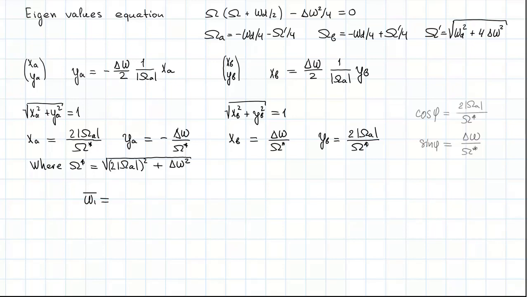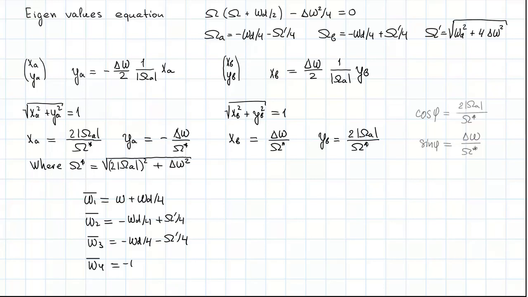Omega 1 bar is equal to omega plus omega d divided by 4. Omega 2 bar is equal to minus omega d divided by 4 plus omega stroke divided by 4. Omega 3 bar is equal to minus omega d divided by 4 minus omega stroke divided by 4. And the last one, omega 4 bar, is equal to minus omega plus omega d divided by 4.